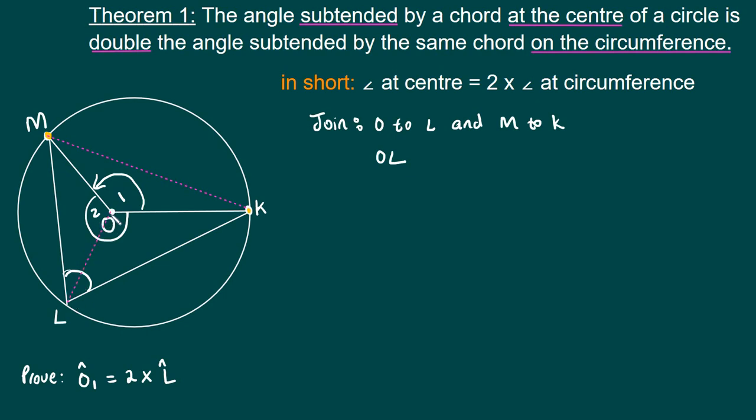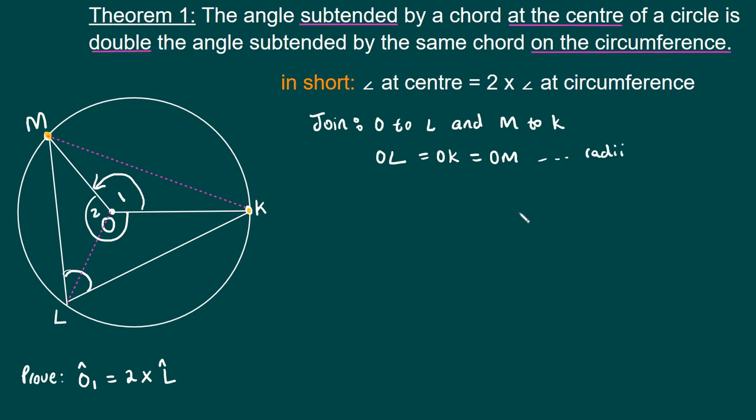It's a line from the center to the circumference. So this is actually a radius. This is also a radius here, and then this is also a radius. So we firstly tell the examiner that OL is going to be equal to OK and also equal to OM. Why? Because these are radii.